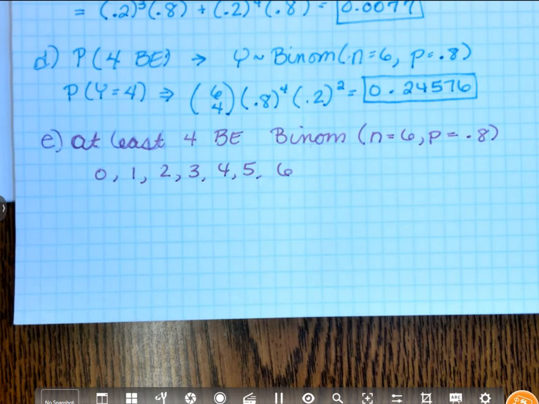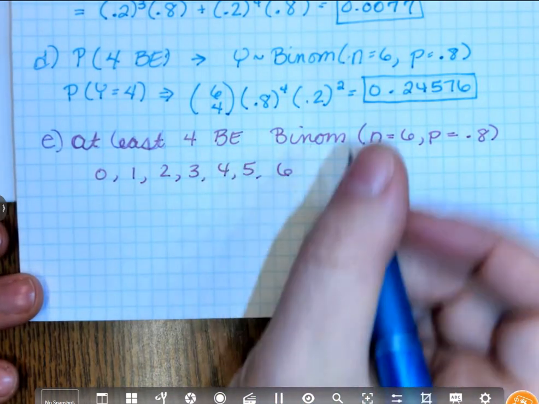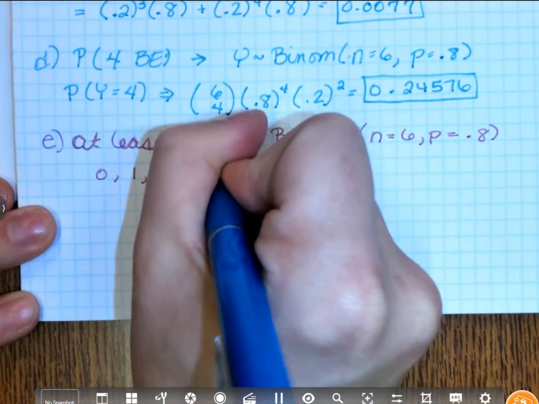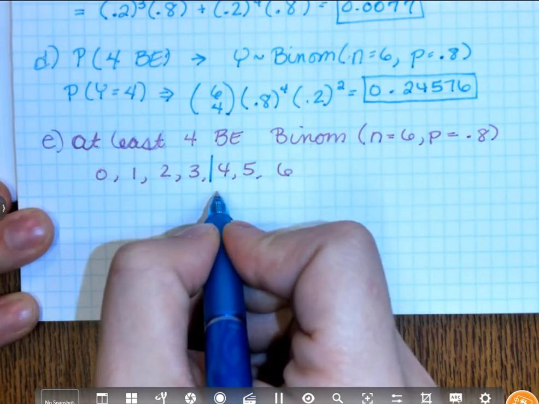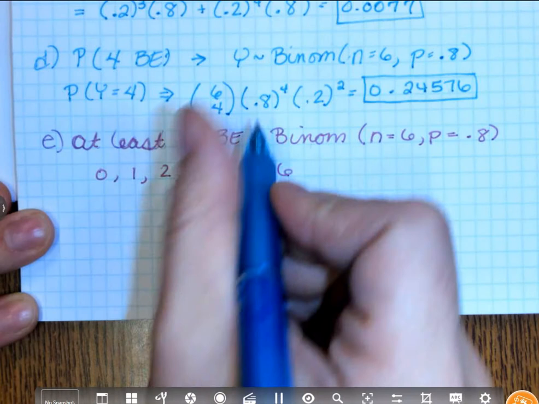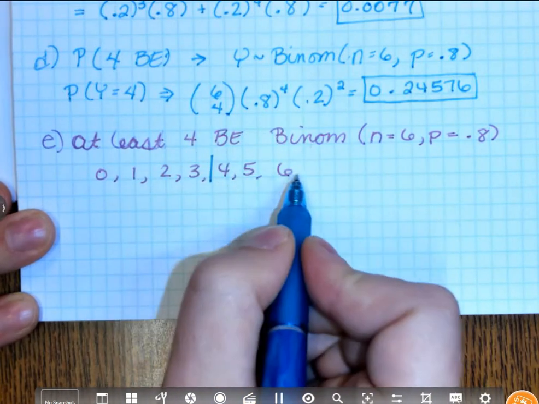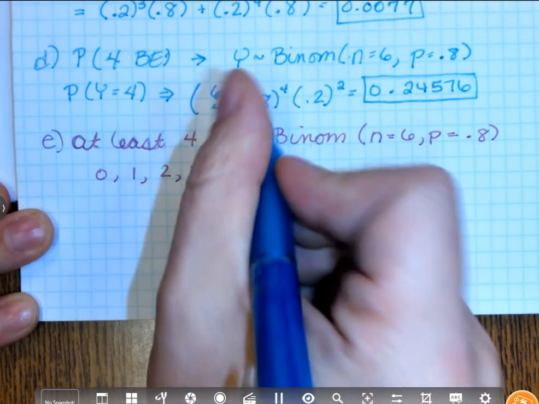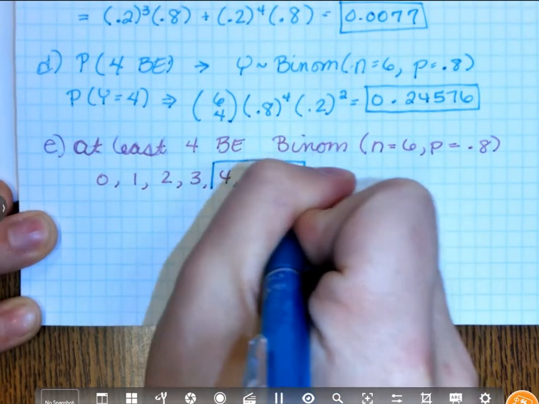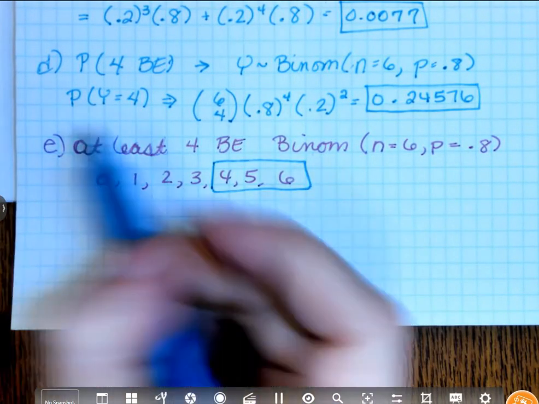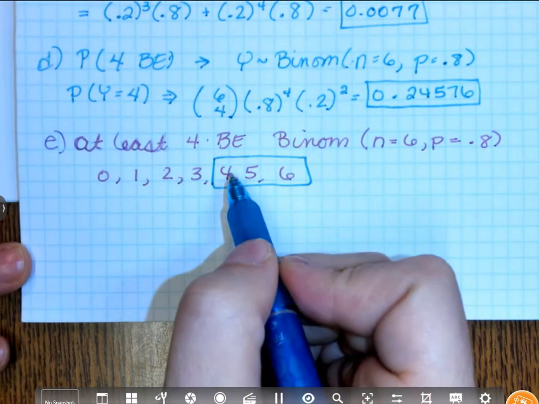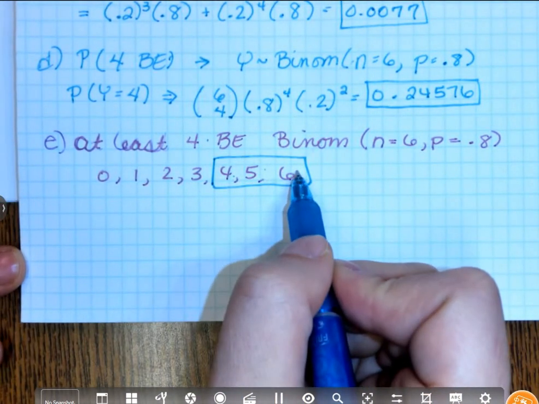So if I want to have at least 4 bullseyes, that means I go from 4. Do I include 4? Yes, because 4 is at least 4. But do I want the bigger numbers or the smaller numbers? Bigger numbers. Those are the ones that I want. At least 4 bullseyes could mean I have either 4, 5, or 6 bullseyes.